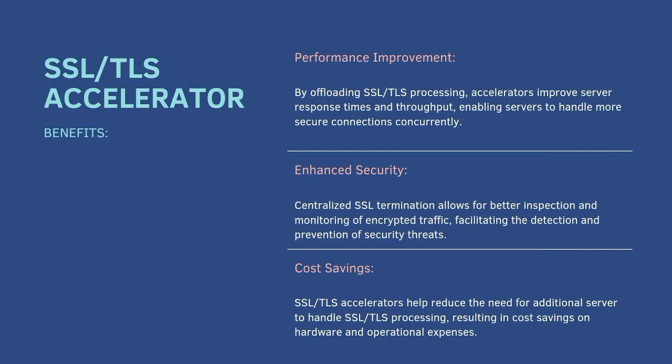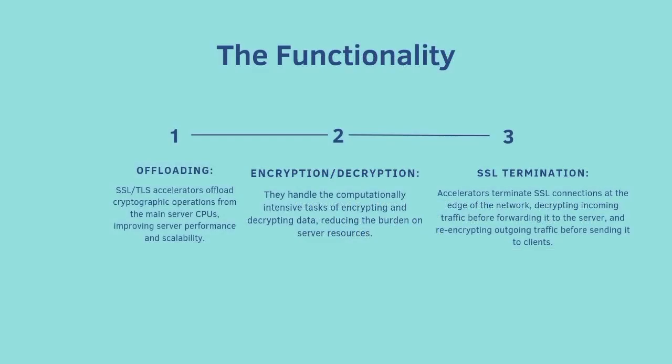Centralized SSL termination allows for better inspection and monitoring of encrypted traffic, facilitating the detection and prevention of security threats. And lastly, cost saving. SSL or TLS accelerators help reduce the need for additional server infrastructure to handle SSL or TLS processing, resulting in a cost saving on hardware and operational expenses.